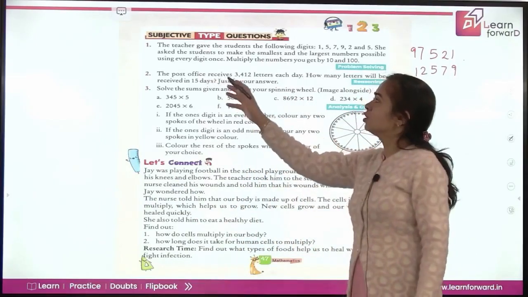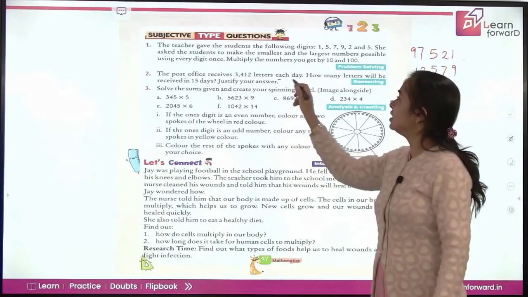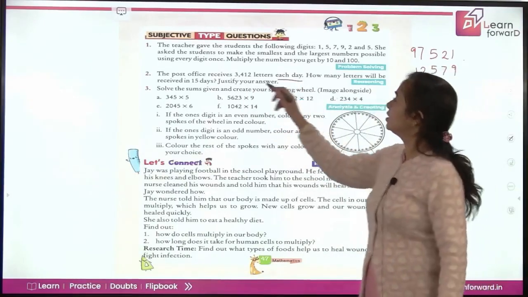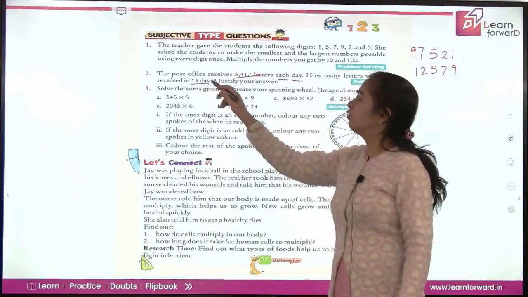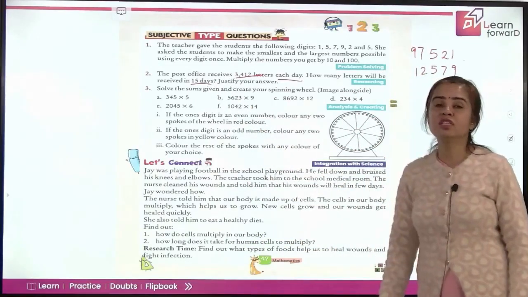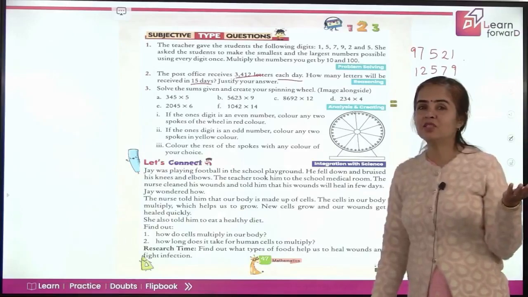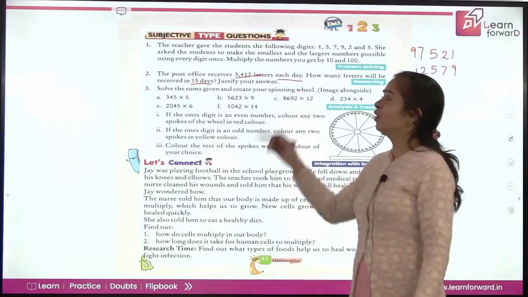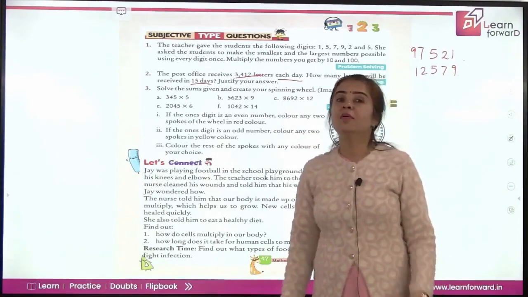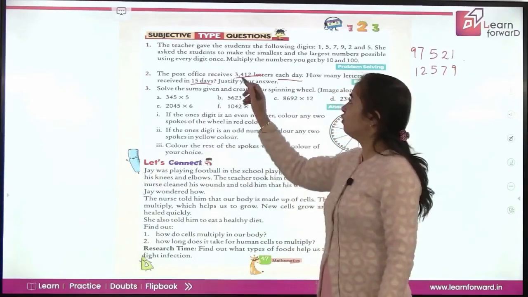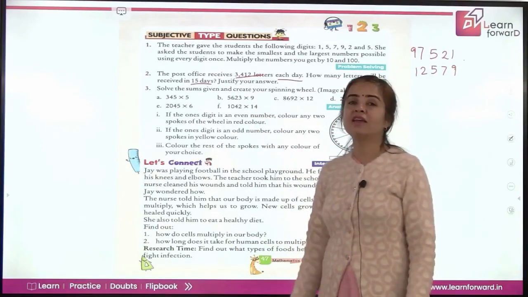Next, the post office receives these many letters each day. How many letters will be received in 15 days? And you have to justify your answer. Just saying multiply is not enough. You have to justify your answer. How? Because for 15 days, every day these many letters are received.